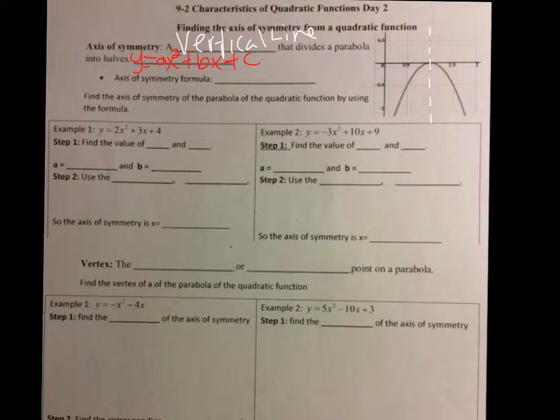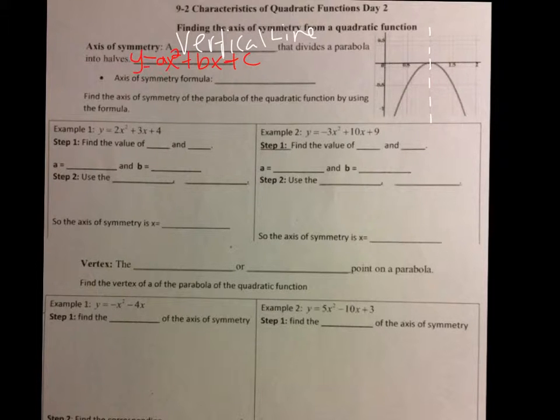If you think back to Friday, when we were finding the axis of symmetry given a graph, there were two different ways we found it. We found it if we have 1 zero, meaning one x-intercept, or if we have 2 zeros, meaning two x-intercepts.